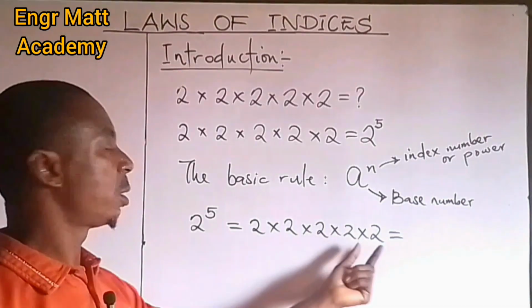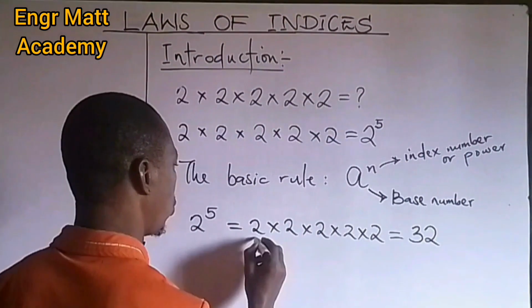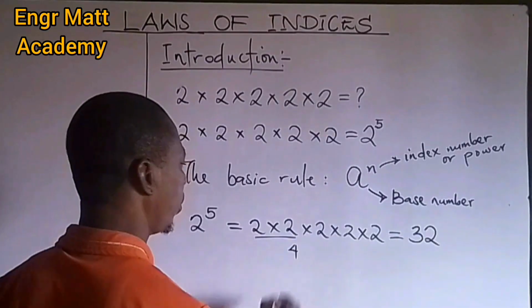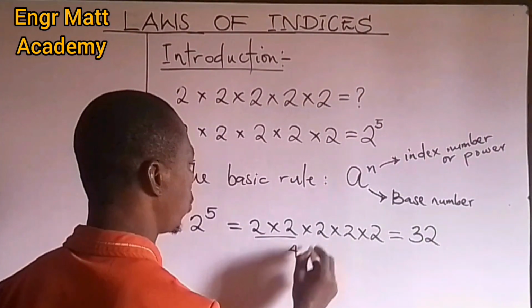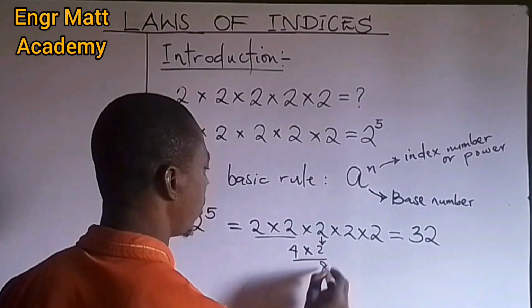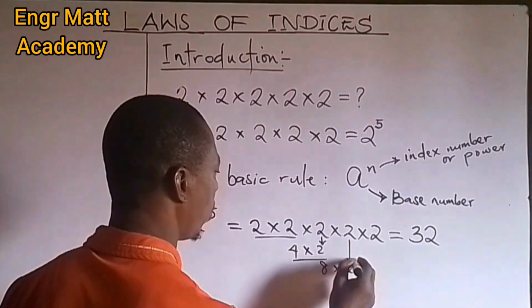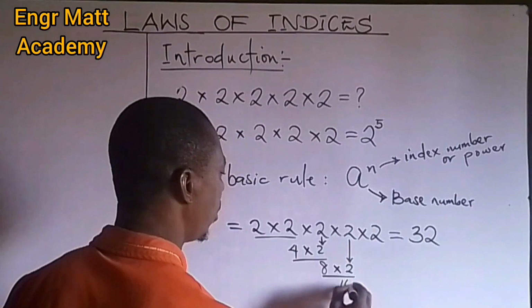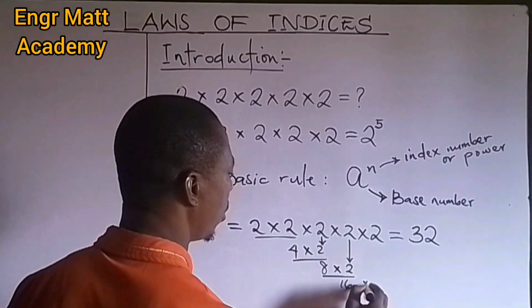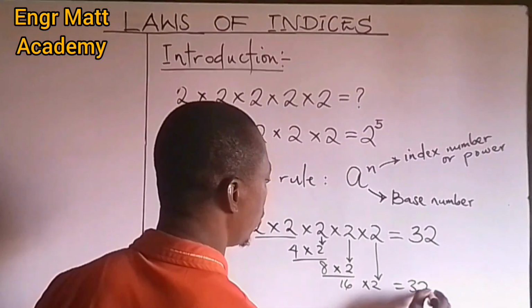And if we do this, we get 32. 2 times 2 is 4. 4 times 2 is 8. 8 times 2 is 16. 16 times 2 is 32.